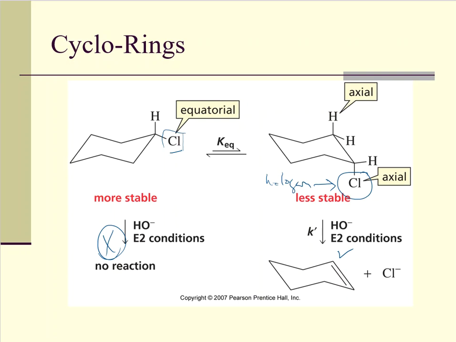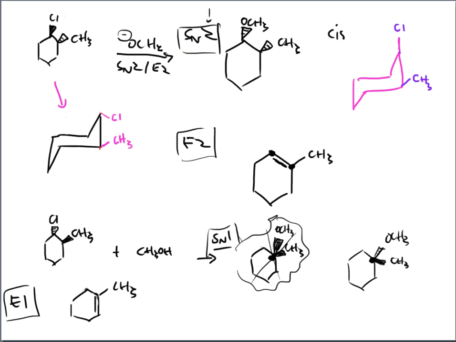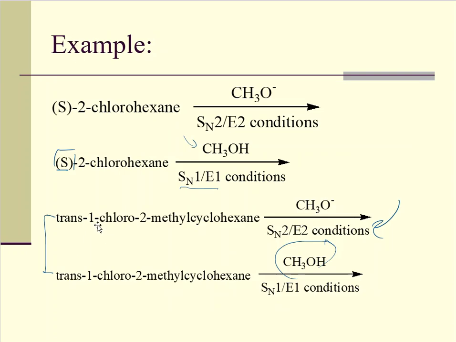And equatorial halogens on a ring system are so stable that elimination reactions do not happen. So I want to go back and take a look at this example problem. The way it was written, up here at the very top, they really didn't tell us anything about axial or equatorial. The only thing they said was it had to be trans.